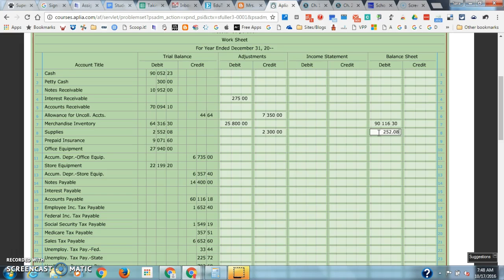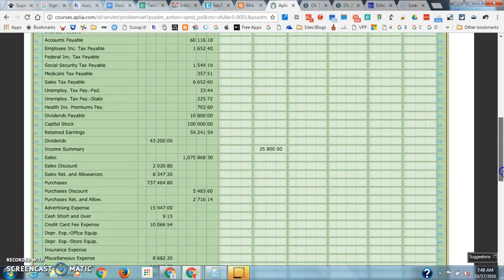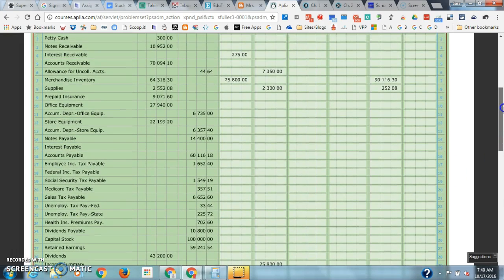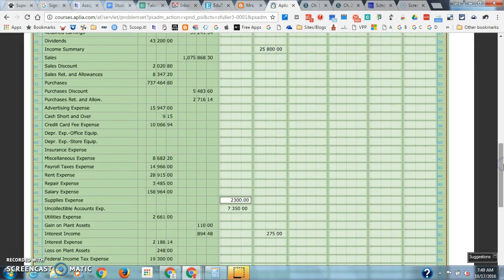And then my matching is down on line 47 for supplies expense, and it's a debit of $2,300. So that's a credit. Perfect.